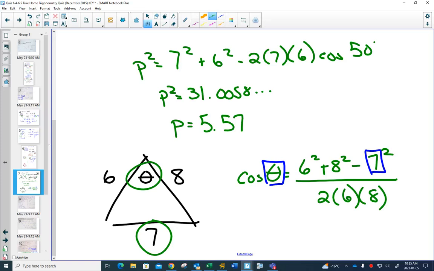Again, I can type this whole thing into my calculator all at once. If you have a calculator that has a fraction button, use it. If it doesn't have the fraction button, you will have to put this and this into an extra set of brackets. So try it on your calculator right now to see if you get the same answer that I have here.